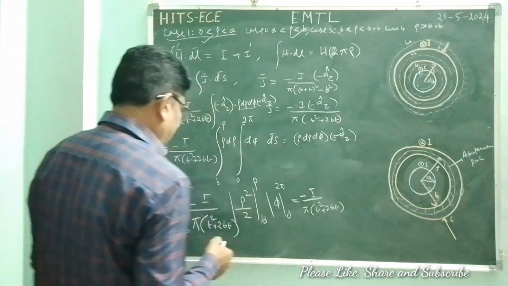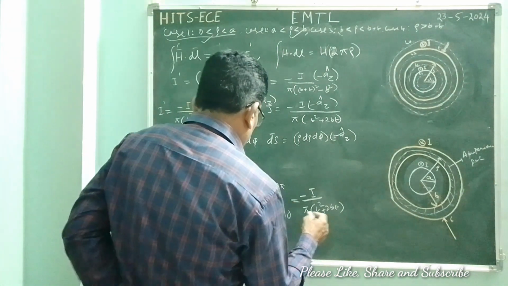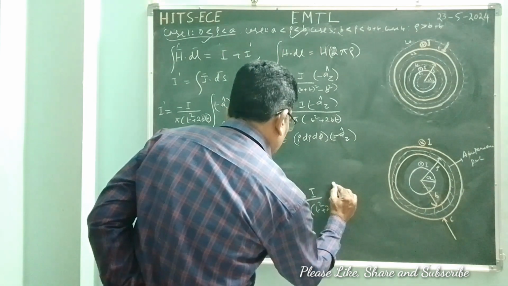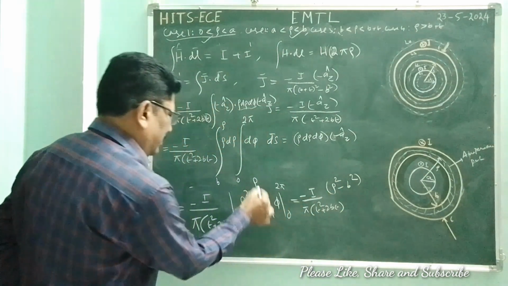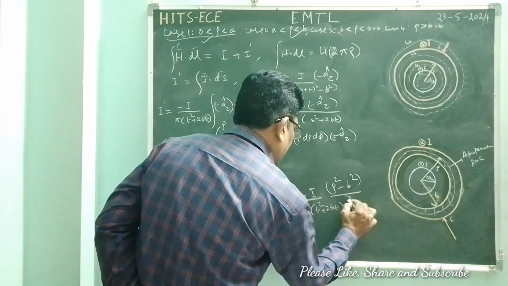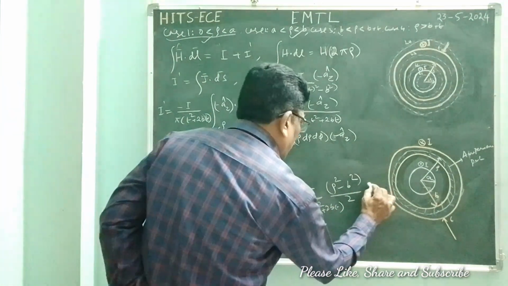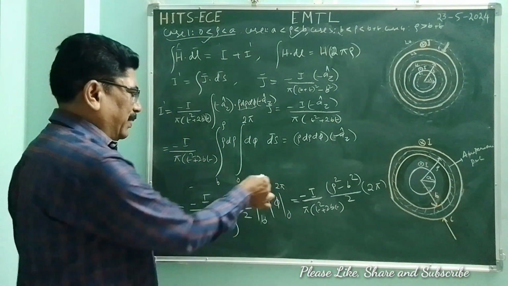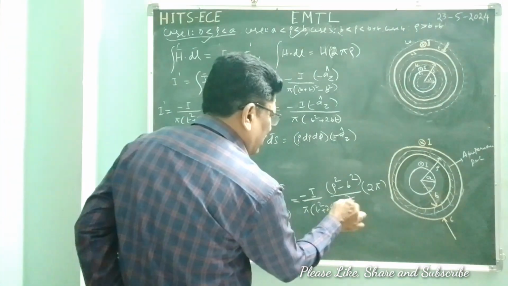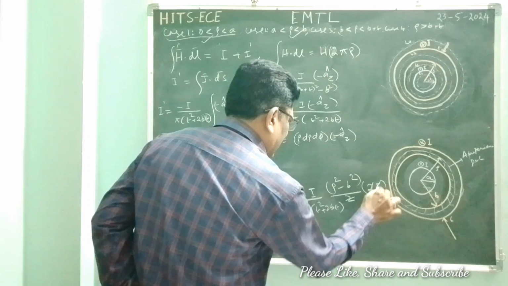Rho square minus b square after substituting these limits, by 2 into 2 pi. So this 2 and this 2 and this pi and this pi will get cancelled.